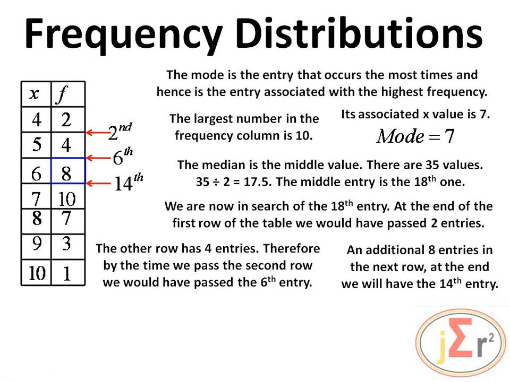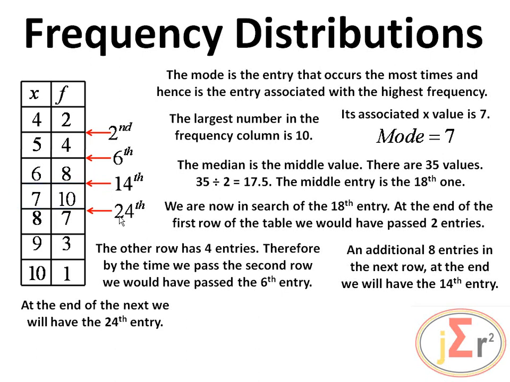Then we'll have an additional 10 entries, and at the end 24. So we'll have the 24th entry by the time we have passed this row. This one ends with the 14th entry, and this one ends with the 24th entry.